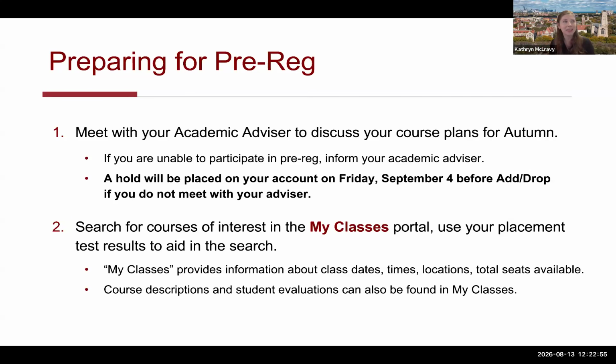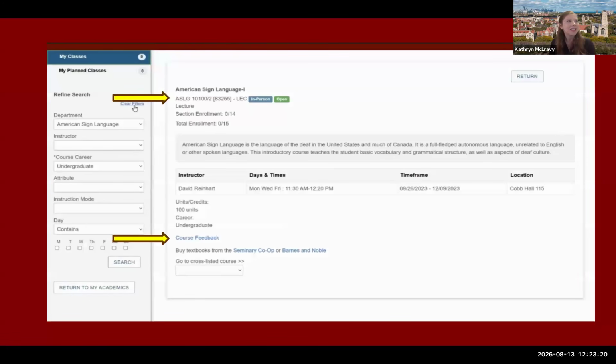My Classes is the site where we have all of the information about the course options for the upcoming quarter, including class dates, times, locations, and total seats available. You can also read the course description and hear a little more about the overall summary of the course.